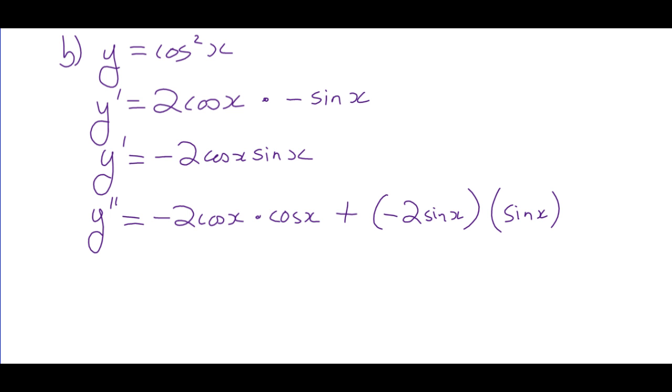Yeah, wait a sec. What did I do here? Oh, wait, sorry. The derivative of cos is then... so I'm doing this minus 2 sine x times the derivative of this. Okay, so minus 2 sine x times the derivative of cos x.